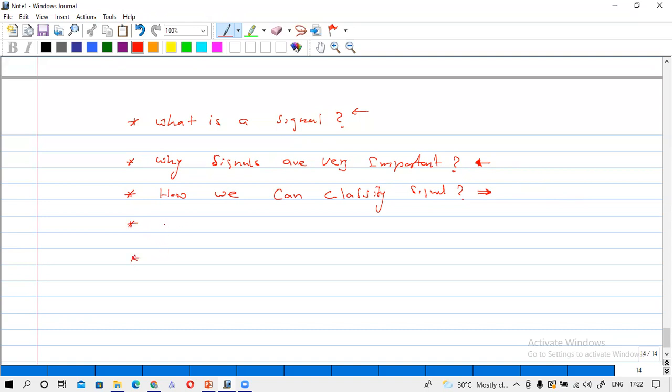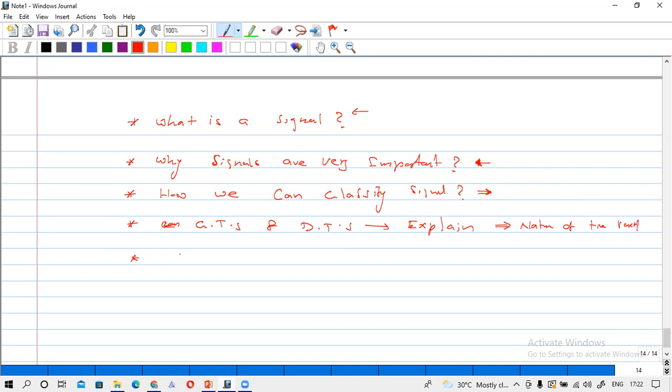One is continuous time signals and discrete time signals. You should be able to explain what is a continuous time and what is a discrete time signal. This is based on the nature of the time variable.